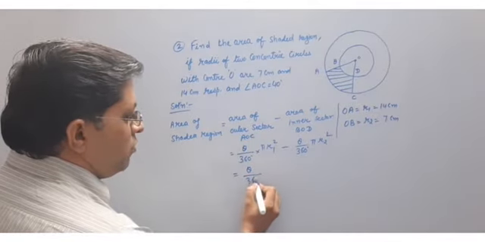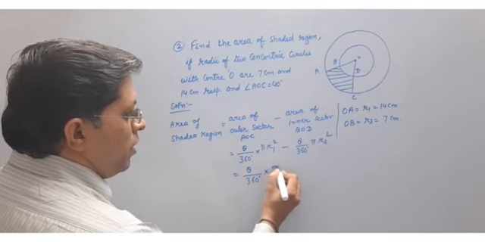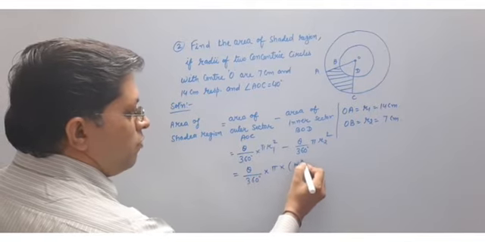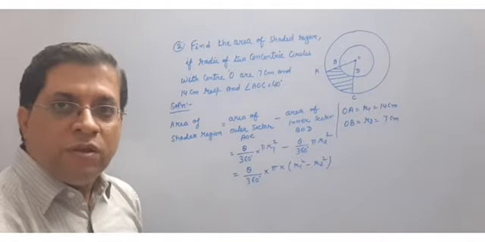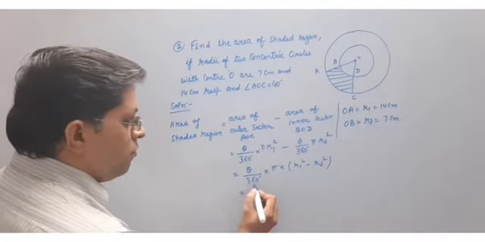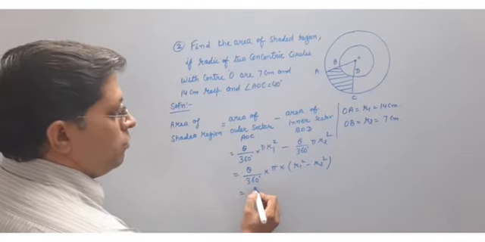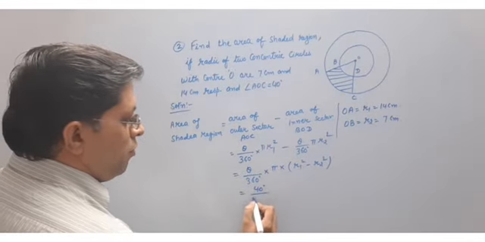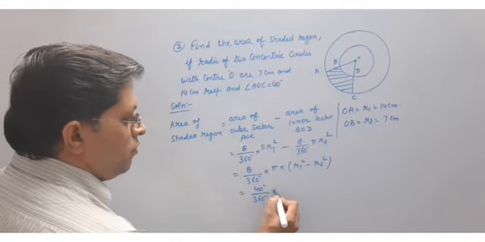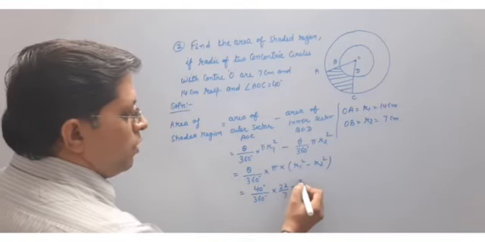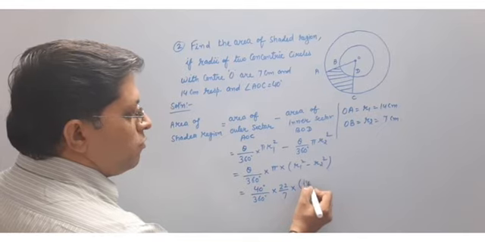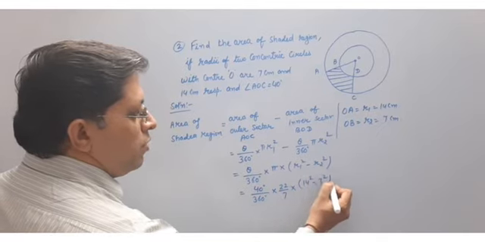Theta upon 360 degree into pi, r1 square minus r2 square. Easy. Then put the values. This is 40 degree upon 360 degree, this is 22 upon 7, and you can write 14 square minus 7 square.